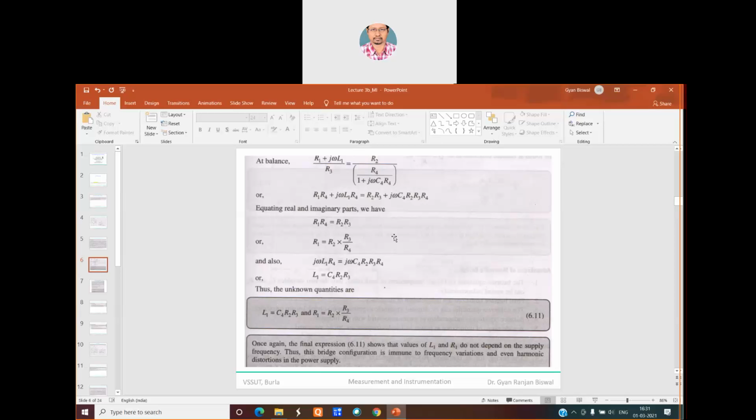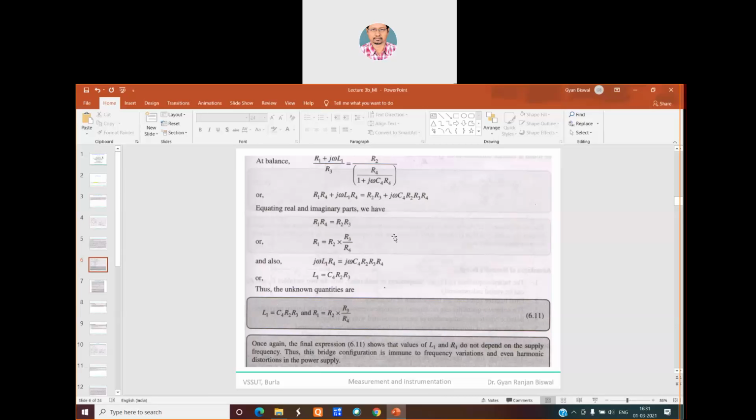So R1 is equal to R2 into R3 by R4, and L1 is equal to C4 into R2 into R3. Done? Now, if you see over here, you are not getting any frequency component. Whether you talk about R1 equals R2 R3 by R4, or L1 equals C4 R2 R3, in both expressions the values of L1 and R1 do not depend on the supply frequency.